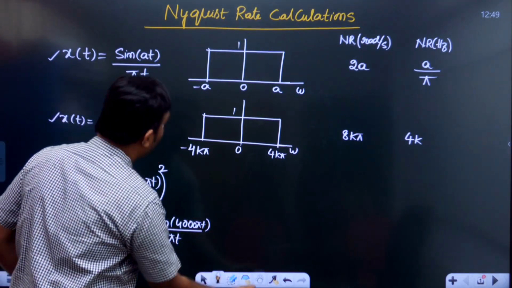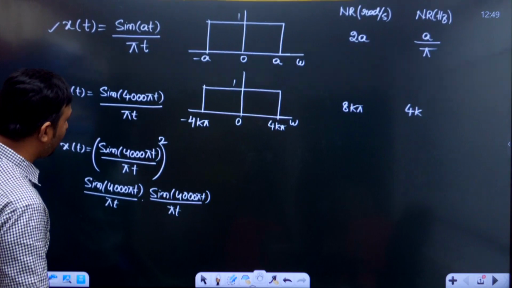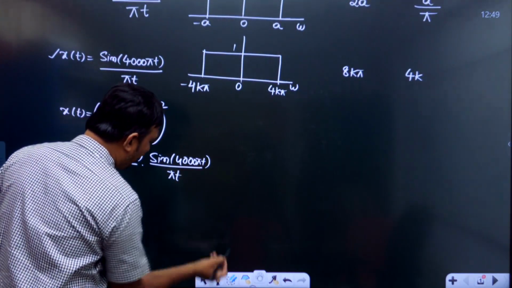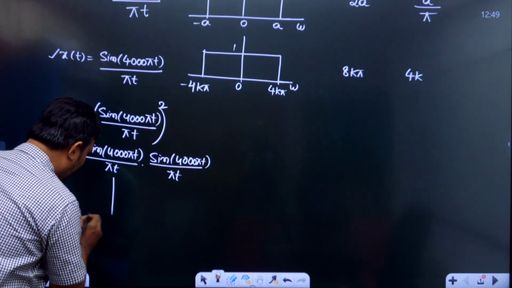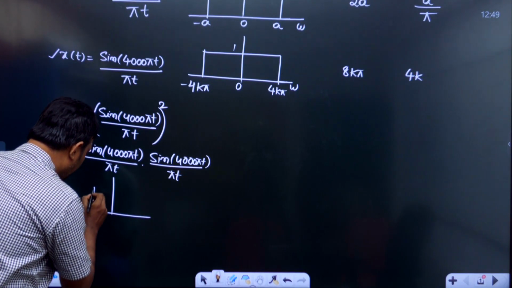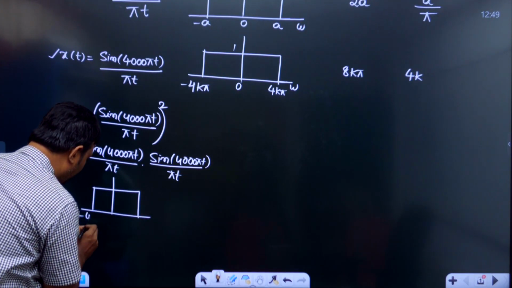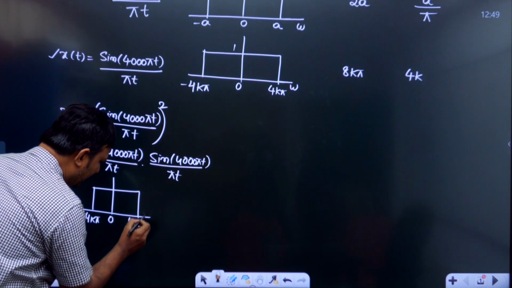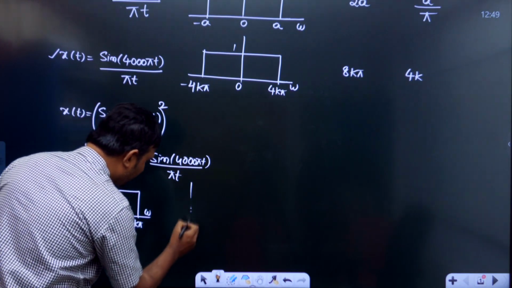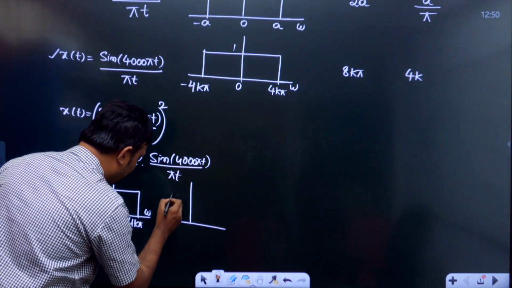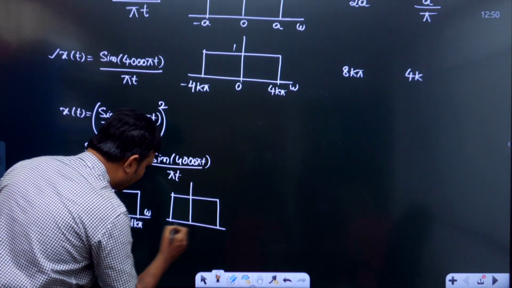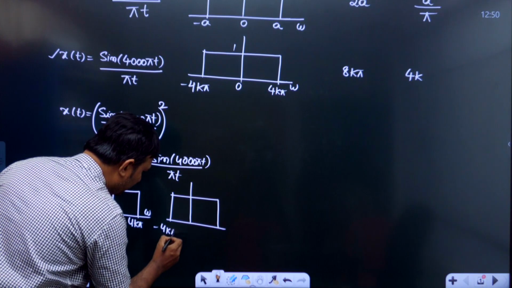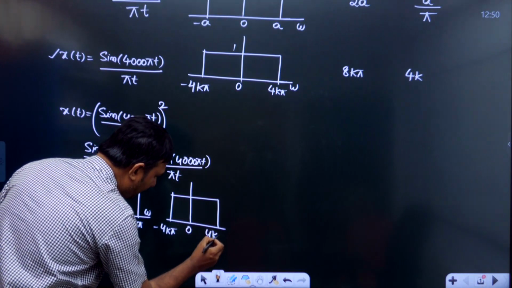Now we know the Fourier transform of sin(4000 pi t) by pi t. What is that? A rectangular pulse varying from minus 4000 pi to 4000 pi. Just now we have seen, right? Now the Fourier transform of the other signal would again be a rectangular pulse varying from minus 4000 pi to 4000 pi.